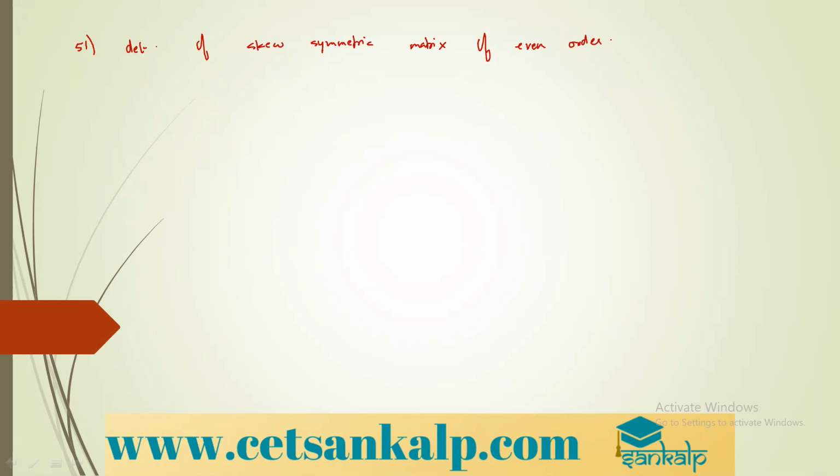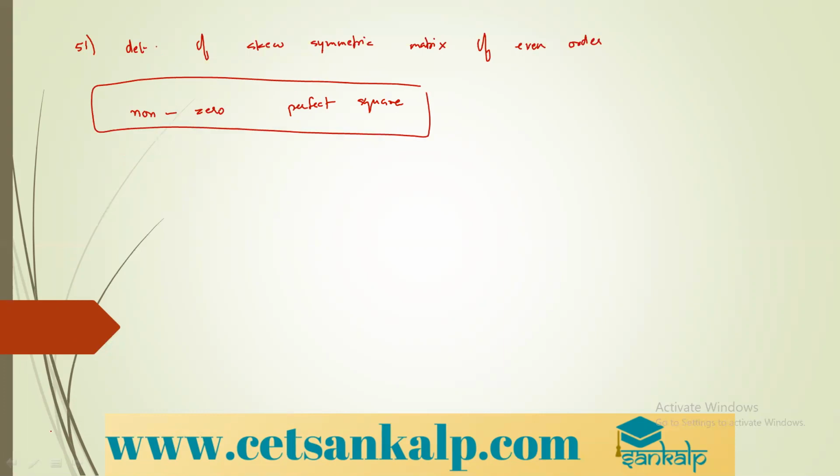That is what we have to find. So it is very, very clear. From the conceptual part, the determinant of a skew symmetric matrix of even order is a non-zero perfect square. It will be non-zero, and it will be a perfect square also. From the concept part, you can select this.